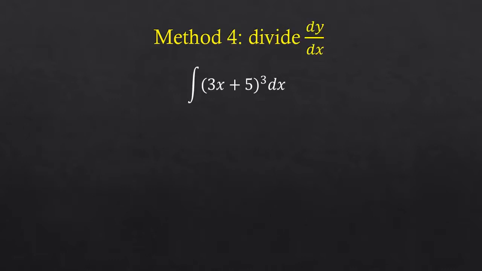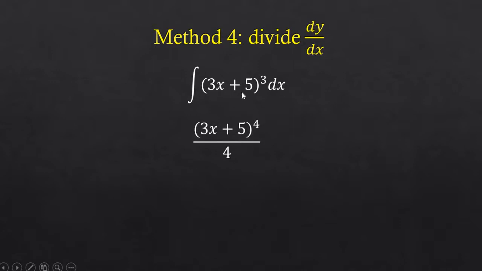It is divide by dy/dx. If you differentiate this one, surely it's going to be differentiate this and times the dy/dx of the bracket. But right now it's integration, so we change multiply to divide. Let's see how.